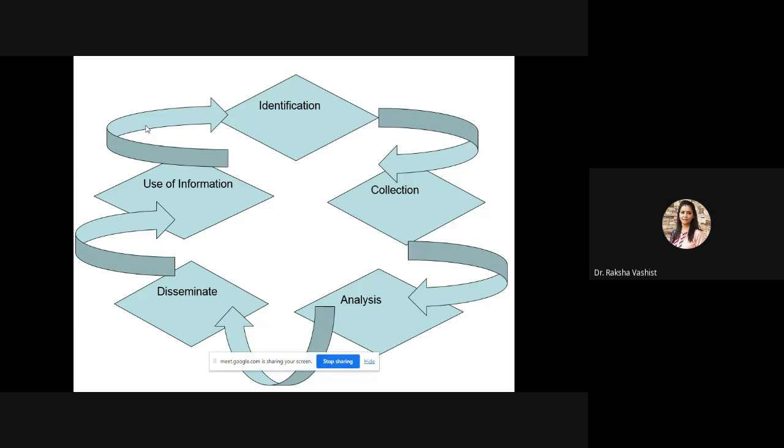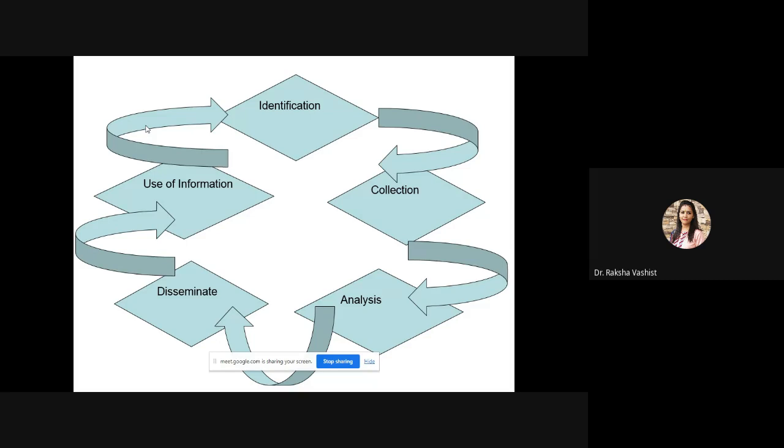As we all know, there are different forms of collection of data, but in research methodology we call them primary data and secondary data. Primary data is the first hand data which is collected by the investigator himself for his own purpose for the first time.